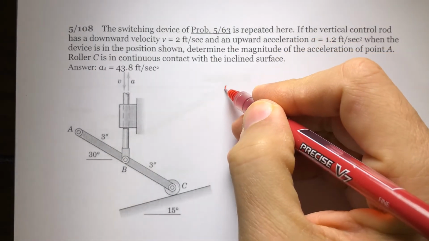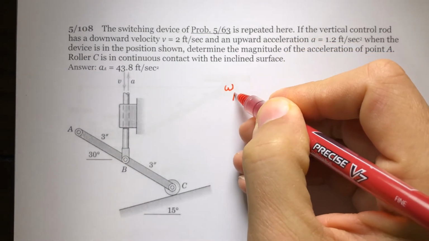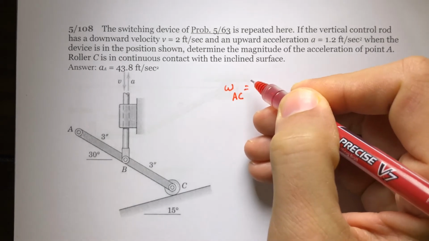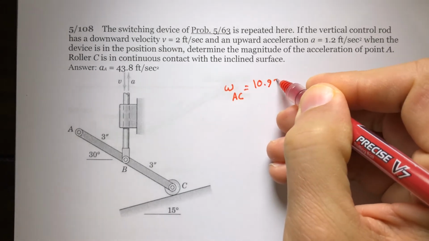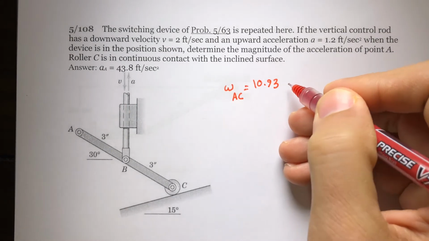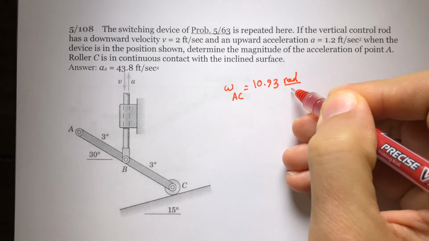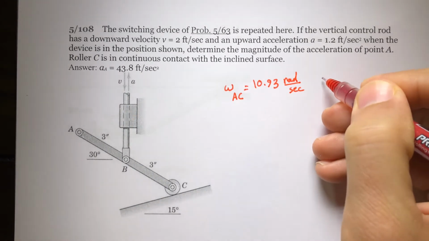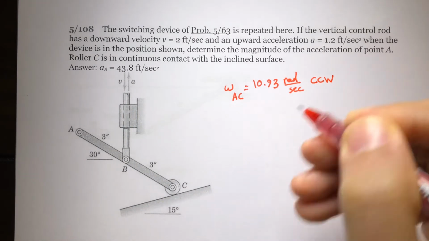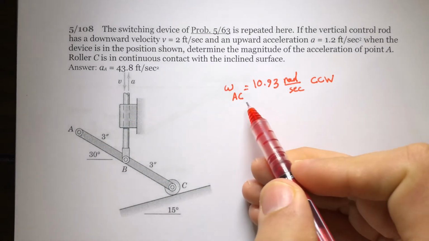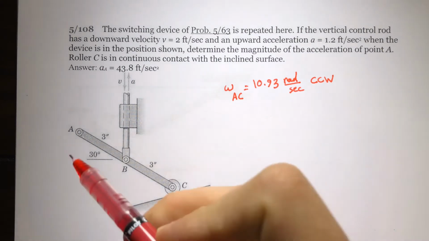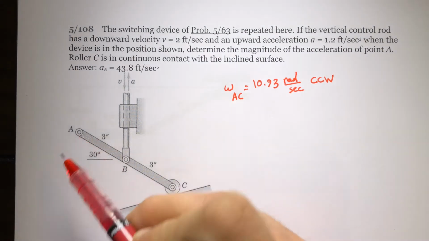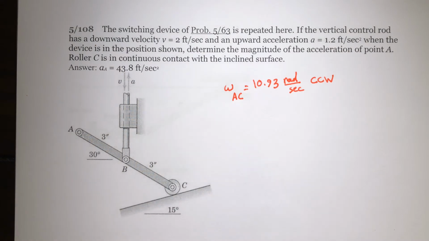Angular velocity of AC, we found it to be 10.93 radian per second in counterclockwise direction. Okay. I'm going to assume you did that part and you know how to find this angular velocity. So after finding this, to find acceleration of A, what do we need to do here?